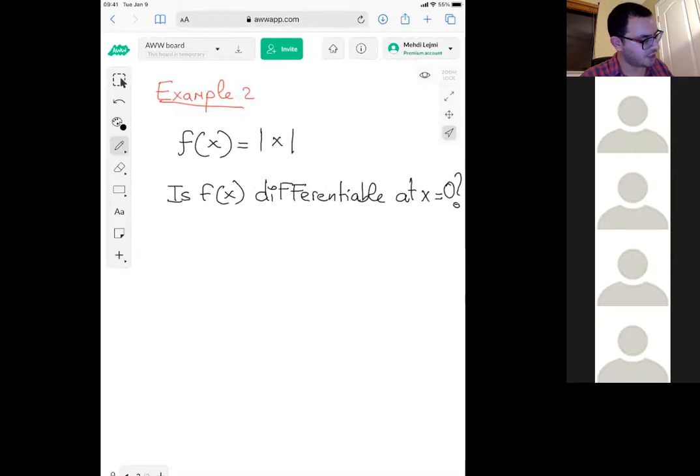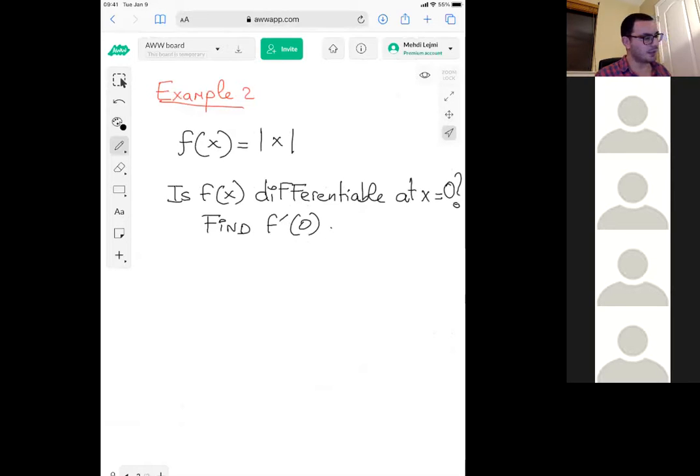And if it's differentiable, we need to find f prime of 0. So, absolute value of x. Remember, guys, the absolute value of a number is always a positive number, unless x is 0, so then that will be 0. Otherwise, the absolute value of x is always a positive number, right?